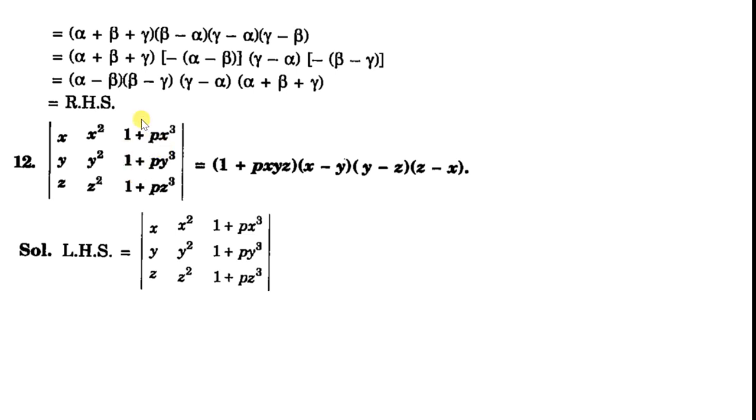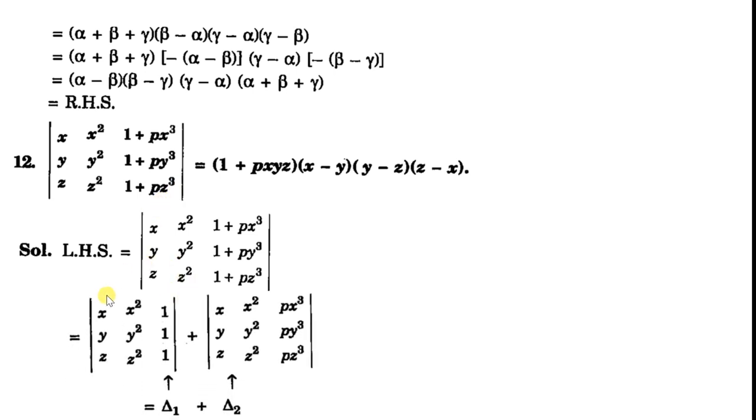We have a property that if some or all the elements of a row or column are expressed as the sum of two or more terms, then the determinant can be split accordingly. So we will write this as determinant x, x square, 1; y, y square, 1; z, z square, 1 plus xyz; x square, y square, z square; and px cube plus py cube plus pz cube. This third column has been split.